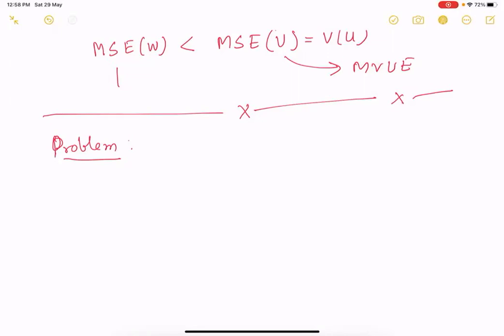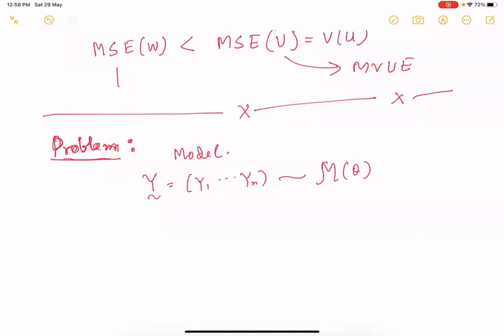So I am now proposing a problem. Oftentimes what happens, I have a model, and some y1 to yn follow some model which has certain parameters.